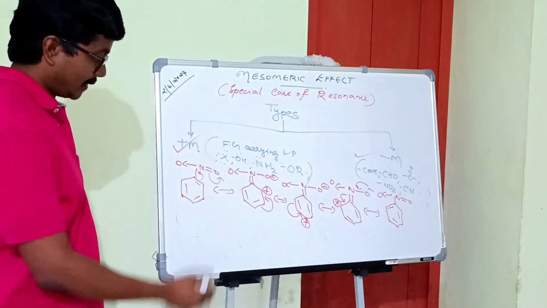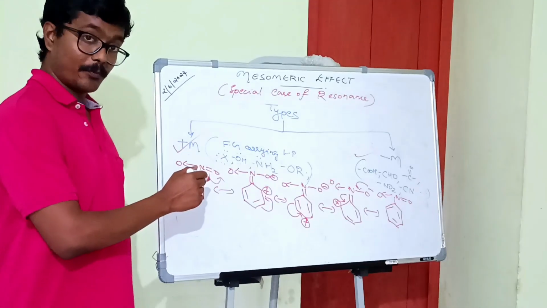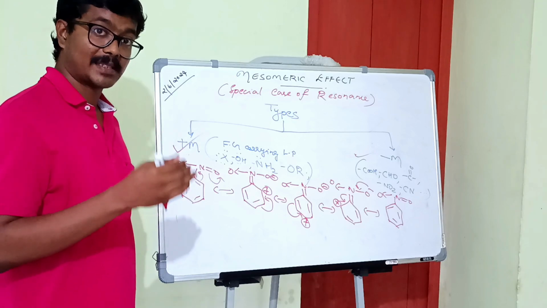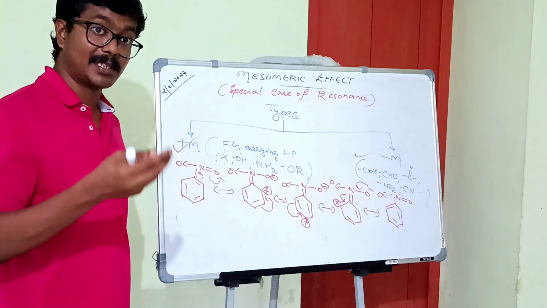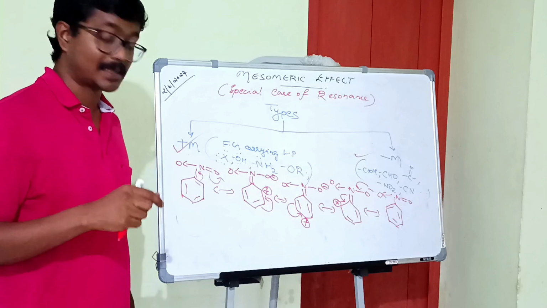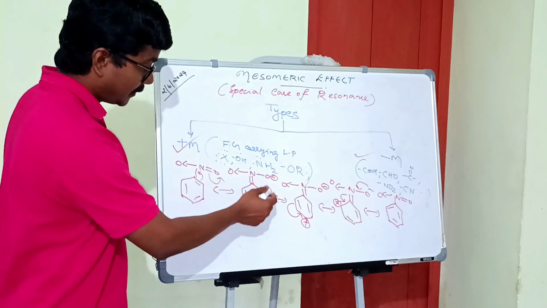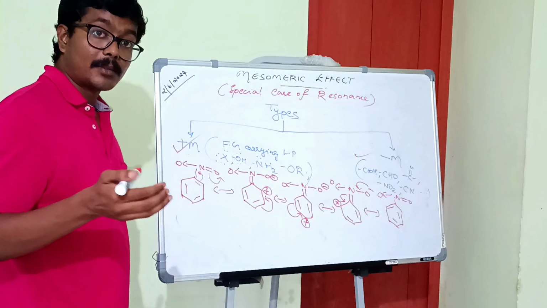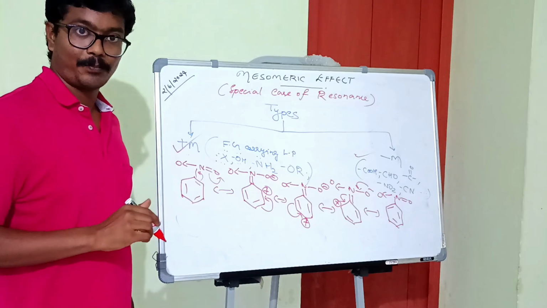So you can see that when a nitro group, a substituent group having a double bond, has a tendency to withdraw electrons from the conjugate system, a positive charge comes into the conjugate system and the electron density in the conjugate system decreases.